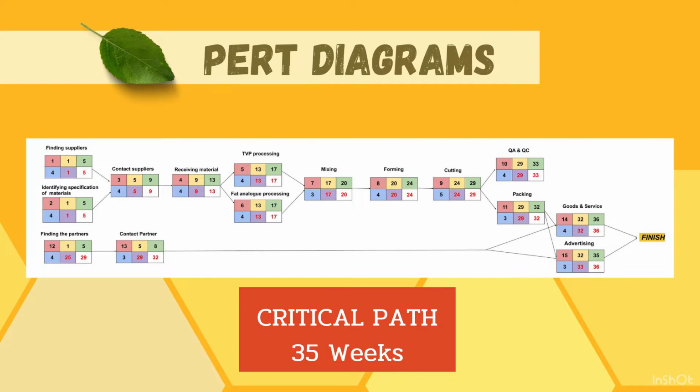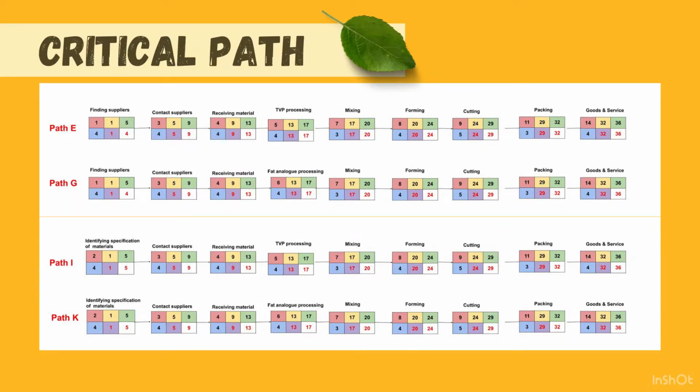We found that the critical path, or the longest path, takes 35 weeks to complete the project. And there are 4 paths that use the longest time, which are shown in this slide.